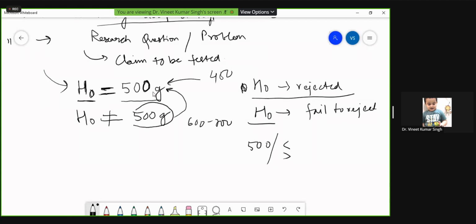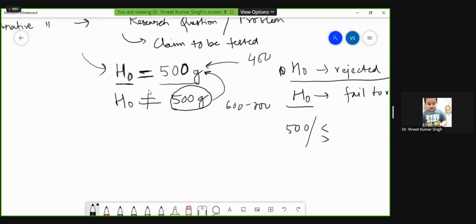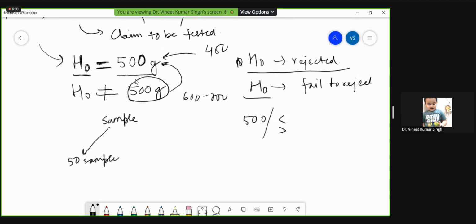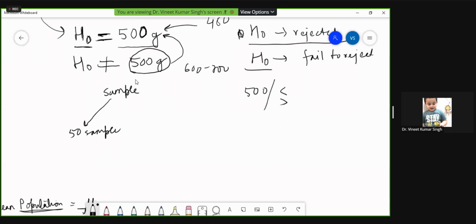So to reject that claim क्या चाहिए हमें, samples, ठीक है। उसके चिमनी से we take samples, 50 samples, we have taken 50 samples of bricks, we weighed each and every one of them. So suppose the mean weight of 50 samples is 700.